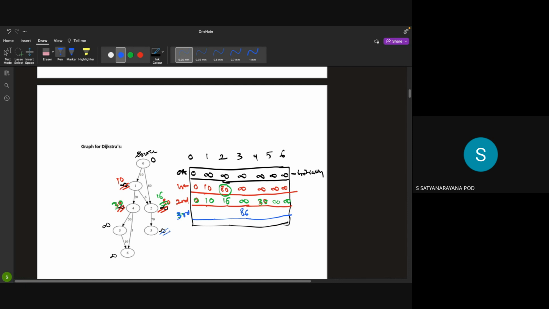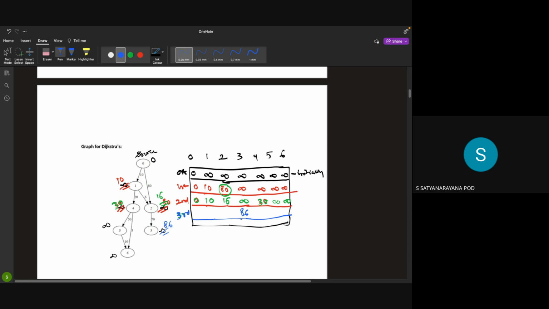Because infinity is there, it goes off and 86 is updated. So only one way, 0 to 2, and this way we went. Directly if you go, 0 to 3 is 80 and that is not optimized. 0 to 1, 1 to 2, 2 to 3 is 86 because it's optimized.